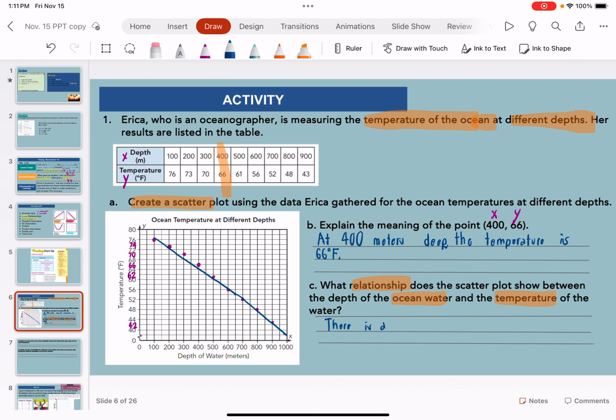And it looks to be a negative linear association because as the x value increases, the y value decreases. So there's a negative linear association between depth of ocean water and temperature.